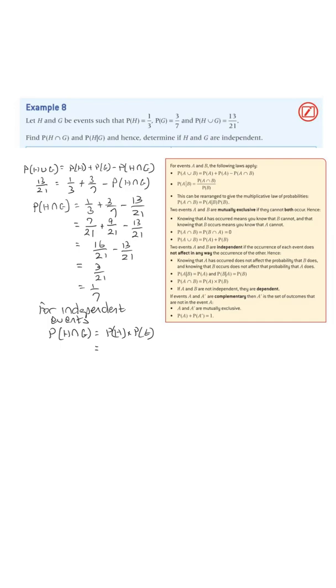The probability of H, they gave us that, is 1/3. The probability of G is 3 on 7. So that's 1/3 times 3 on 7. That equals 1 on 7.